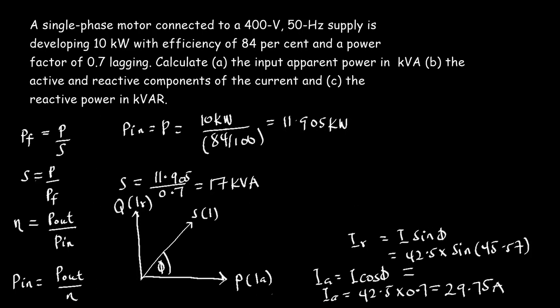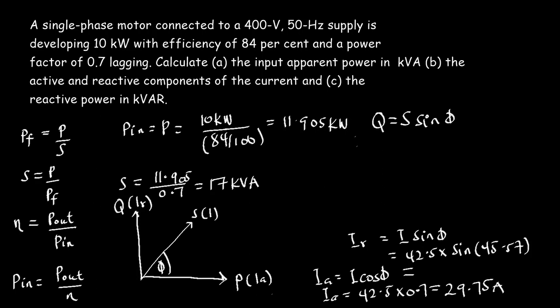We learned earlier on that the reactive power Q should be equal to the apparent power times the sine of phi. This will be equal to the reactive power. We already know the value of the apparent power, and we know phi also, which is 45.57, so we can actually find the reactive power.